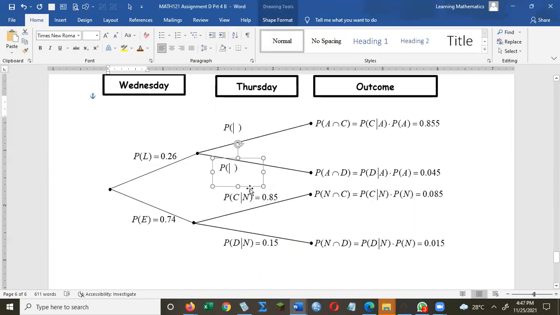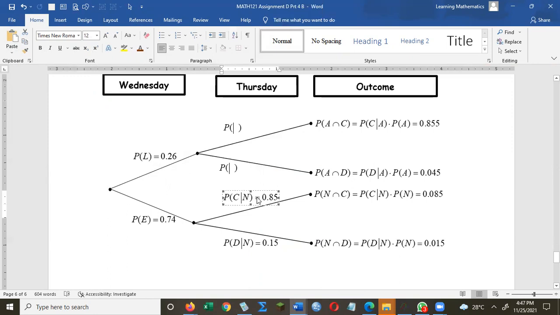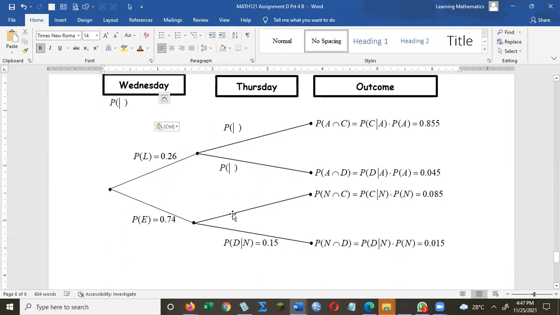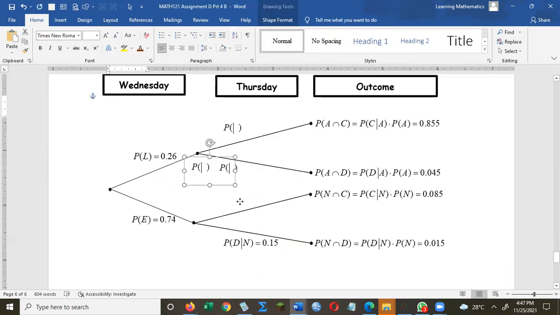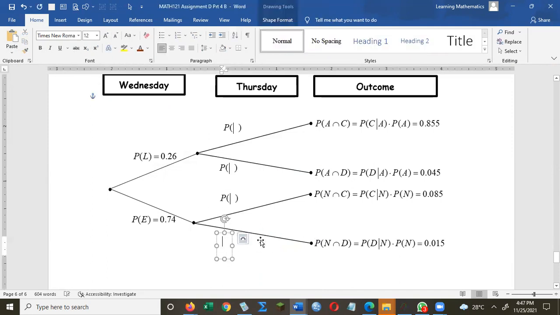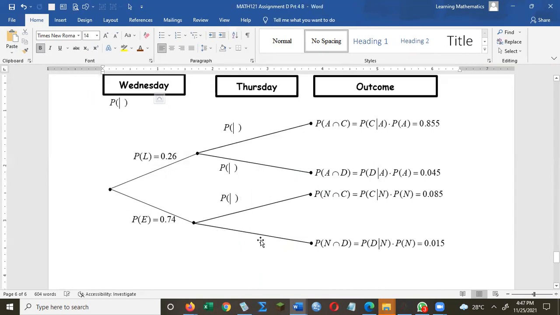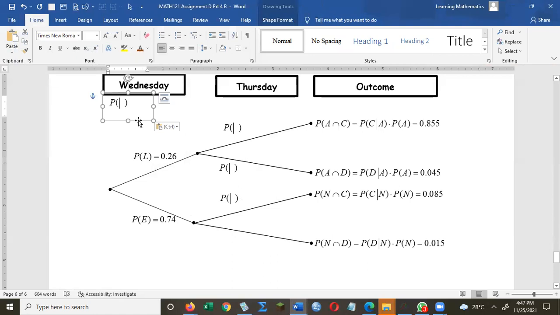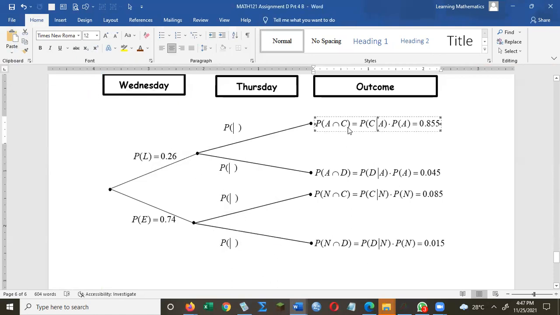So I'm modifying a tree diagram. You can do the same. Just download the Word document and delete and type in. You can use math equations if you want to use the math symbols. Please learn that skill, especially those who are looking forward to university. We will come to that after.